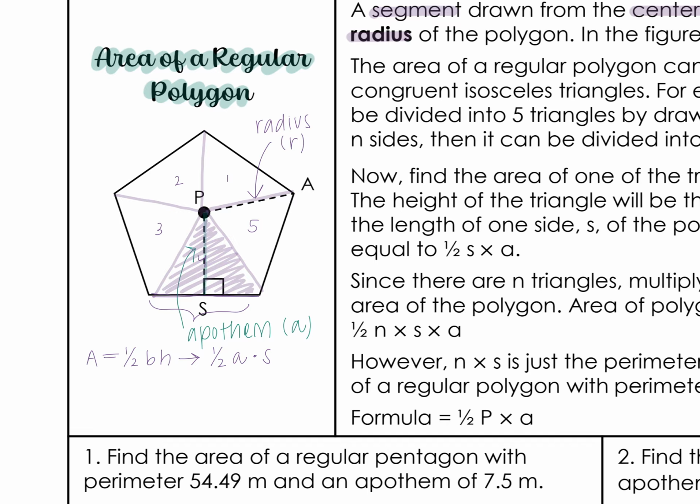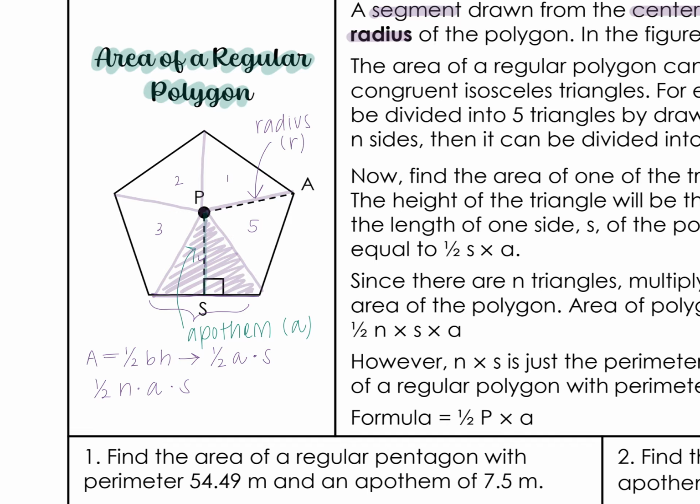But since I have 5 triangles, I'm going to multiply this by my n, my number of sides, or in this case 5, to find the area of the entire thing. So we would have 1/2 times n, number of sides, times the apothem, times s. That would be the area of this entire figure. But we are going to condense this even more.